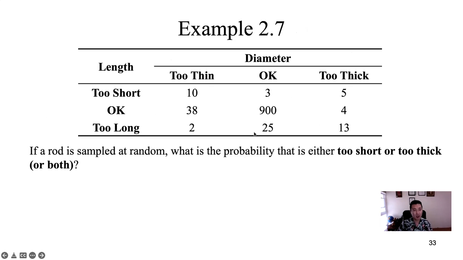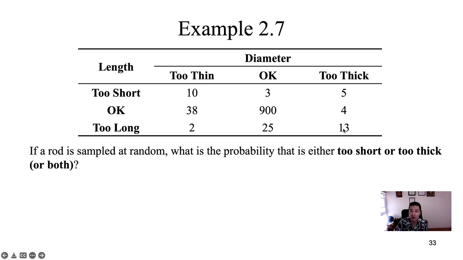So go back to the rod problem. If a rod is randomly chosen, what is the probability that it is either too short or too thick or both? Too short is these three possible outcomes, 10, 3, and 5. Too thick is these three: too thin and too thick, too short and too thick, and too thick and too long.